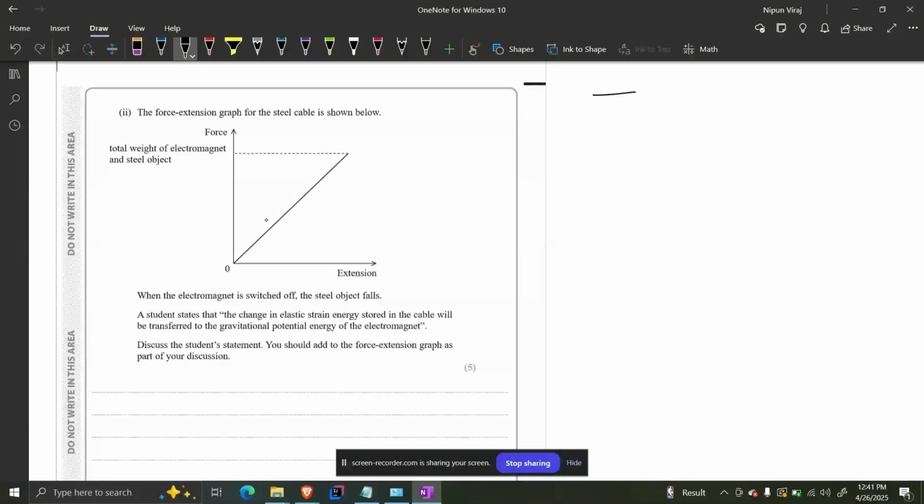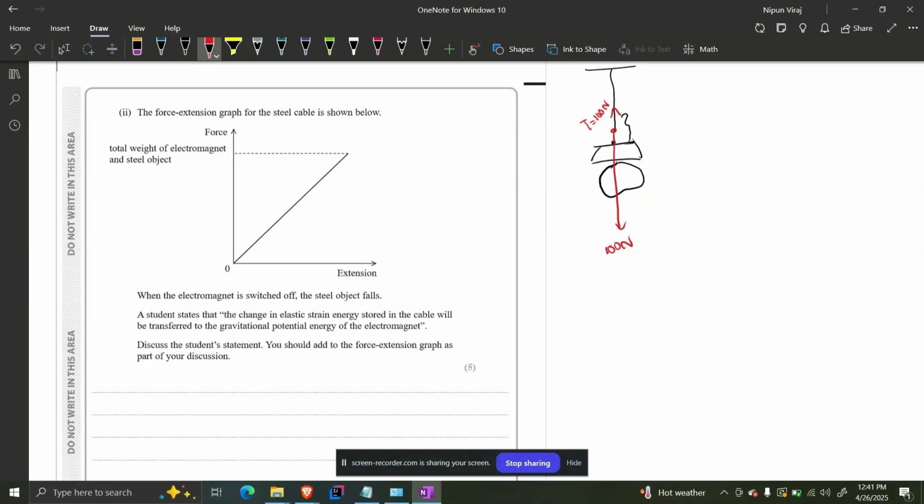Now, first of all, what happens? The electromagnet is holding this steel stone, right? When this electromagnet is holding the steel stone, the cable is being stretched because it has a higher weight, right? And if we switch off the electromagnet, the stone will fall down. Now let's say earlier there was 100 newtons acting downwards, and you should balance it by giving 100 newtons of tension.